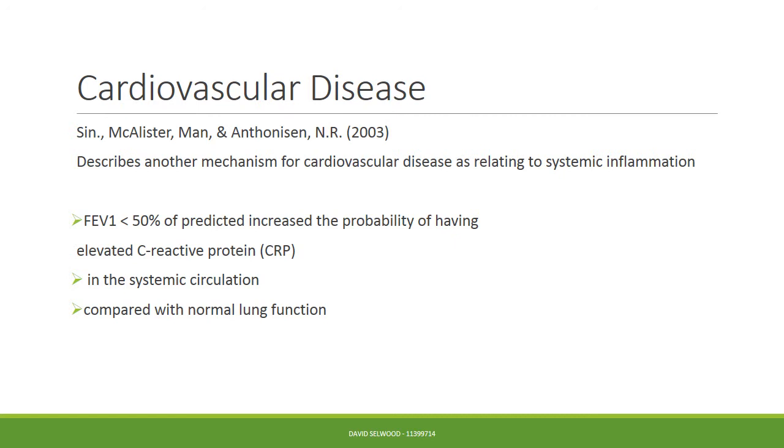What they found was that FEV1 results under 50% of predicted would increase the probability of having elevated C-reactive protein in the systemic circulation when compared with normal lung function. Basically, this means that it is a negative effect on the cardiovascular system, leading to some of the issues stated previously, such as heart failure.